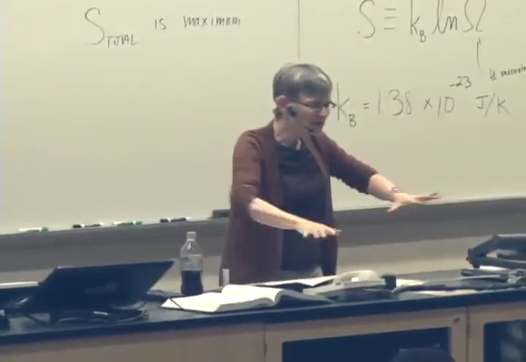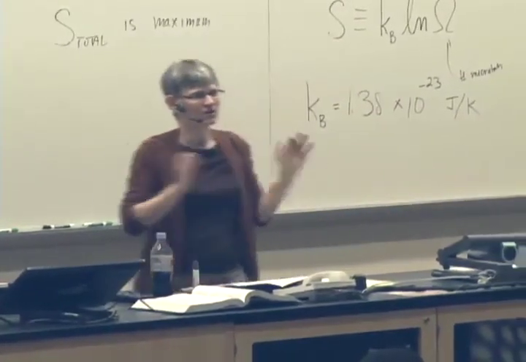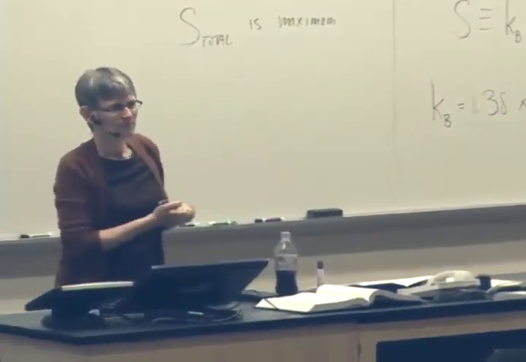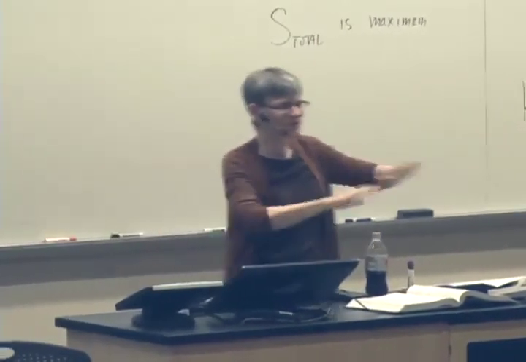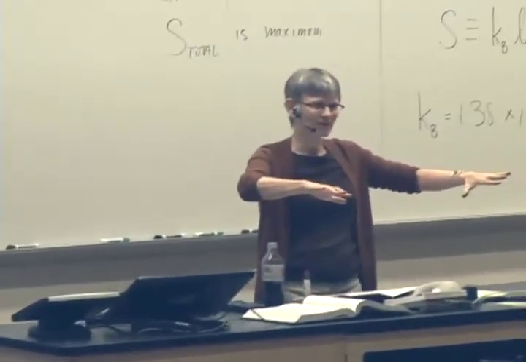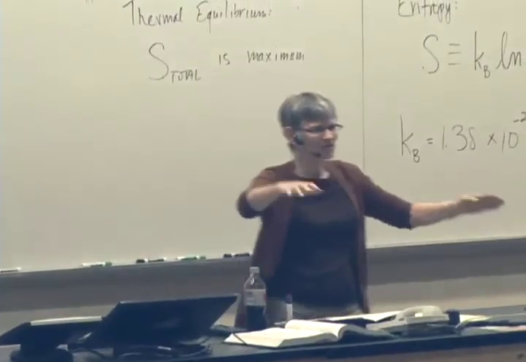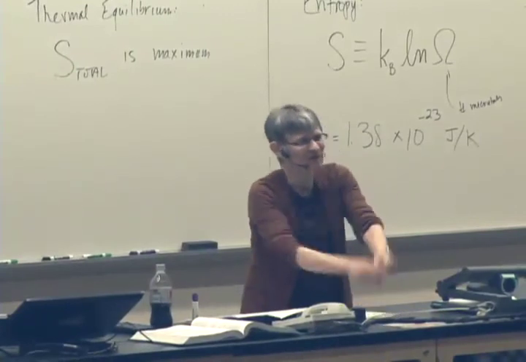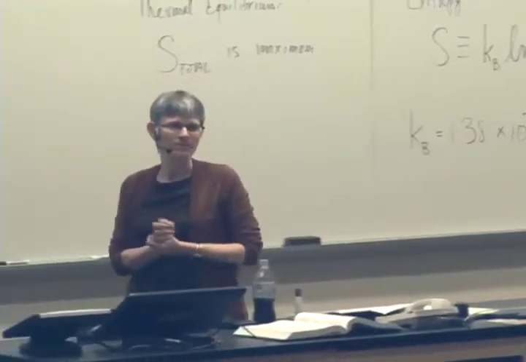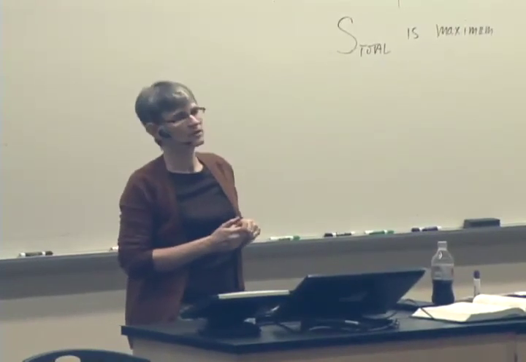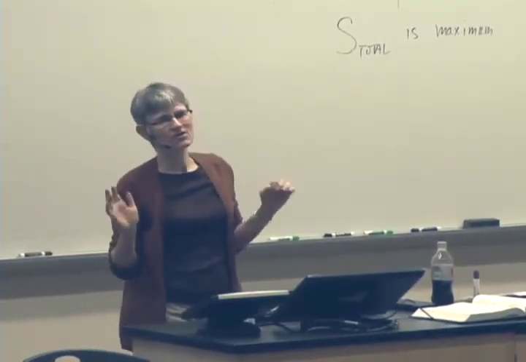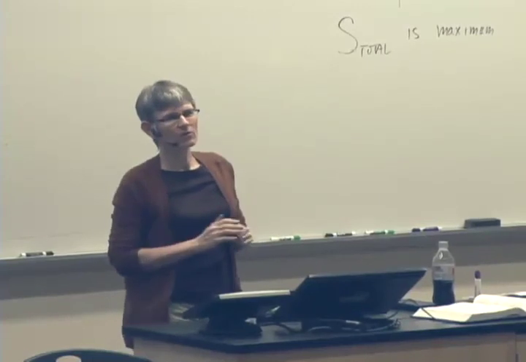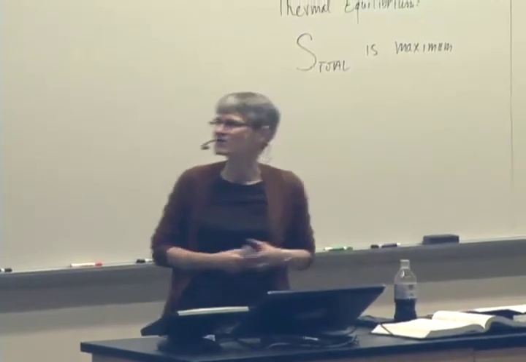Once the energy's gotten distributed among all the oscillators and all the atoms in the table, its entropy is at a maximum. It's very unlikely that it's going to revert to some distribution where most of the thermal energy in the table is in the atoms right under the pin. So, yes, it could happen. It's not impossible. It's just so improbable that we would have to wait longer than the age of the universe before we were really likely to see it.